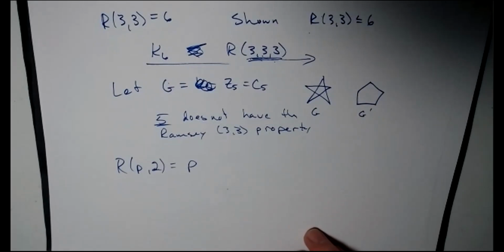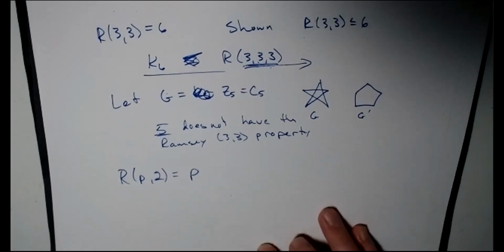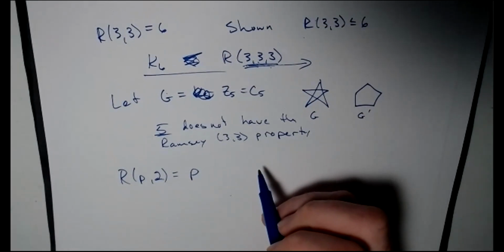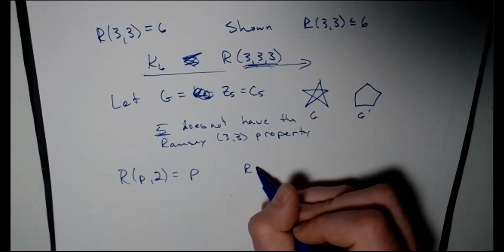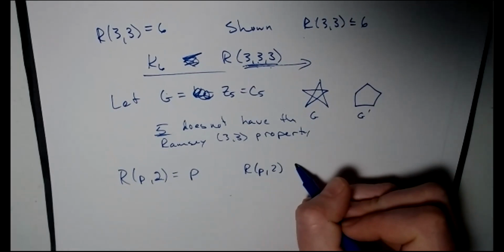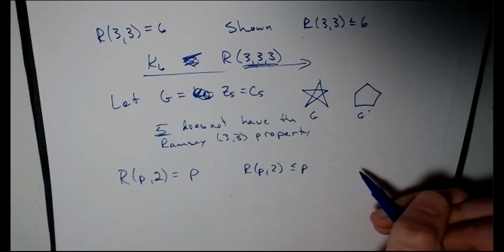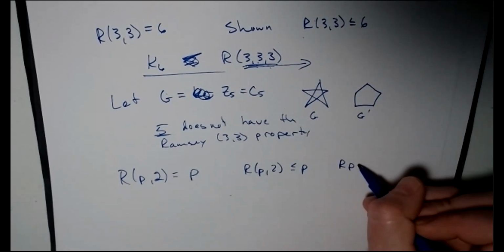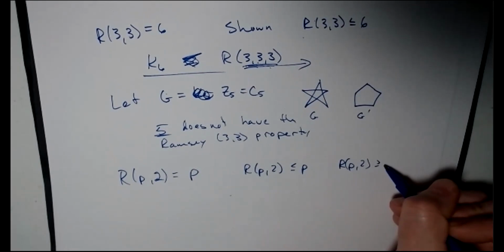And the book has a little almost one-line proof, but it really only goes one direction, because the other half is left to you guys in the homework. So to show that, we want to show two things. RP2 is less than or equal to P, and RP2 is greater than or equal to P.